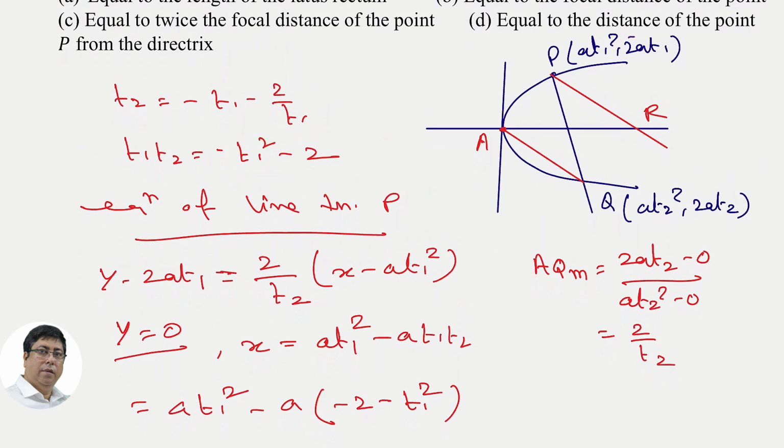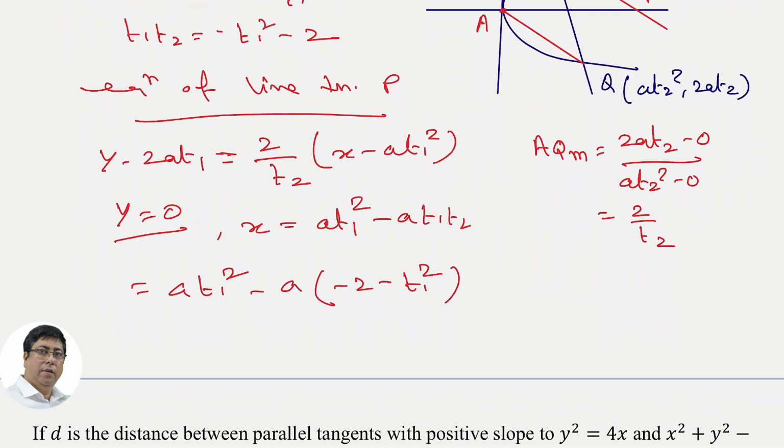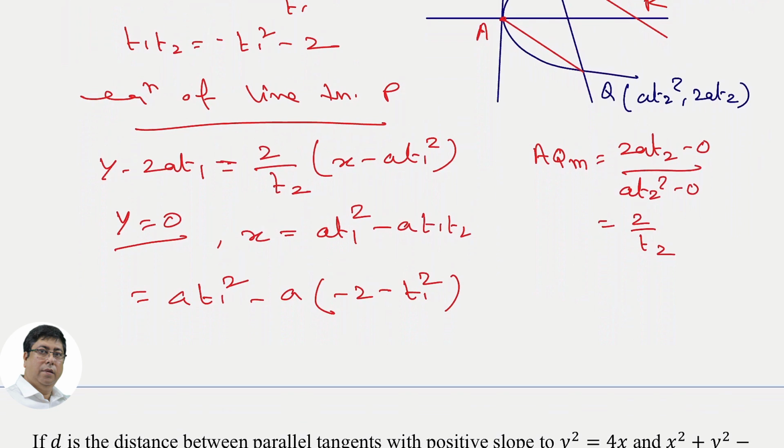Therefore we can get here, what is coming is 2a plus 2aT1 square, that is 2 into (a plus aT1 square).